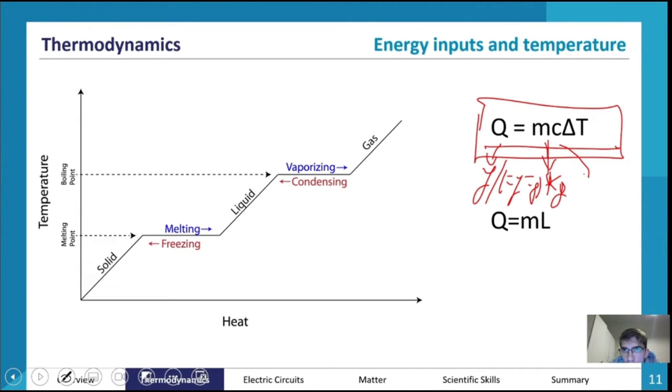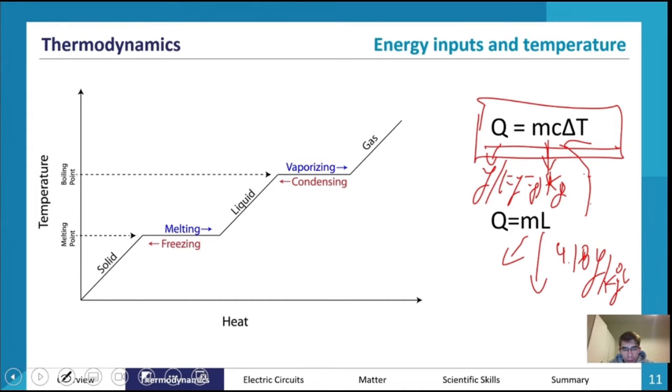C is the specific heat capacity, for example, 4.18 joules per kilogram degrees Celsius. Delta T is the change in temperature. M is the mass, L is the latent heat of fusion.